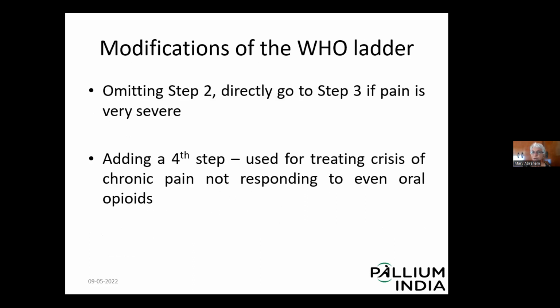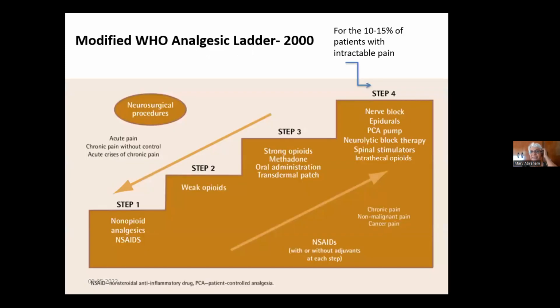Now, there have been modifications to the ladder. Like I said, sometimes you can omit step 2 and go directly to step 3. Sometimes you may have to add a 4th step to treat pain that is not responding even to the step 3 drugs. So in this modification, which was done in 2000, there is a step 4 in which you may have to add some interventions. Like in step 3, the patient's pain is not controlled, in about 10 to 15% of patients.